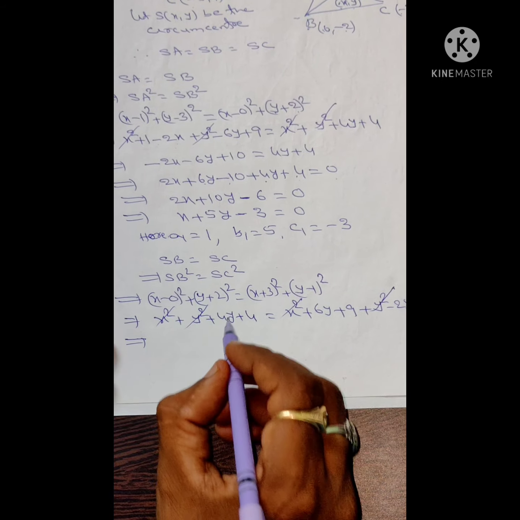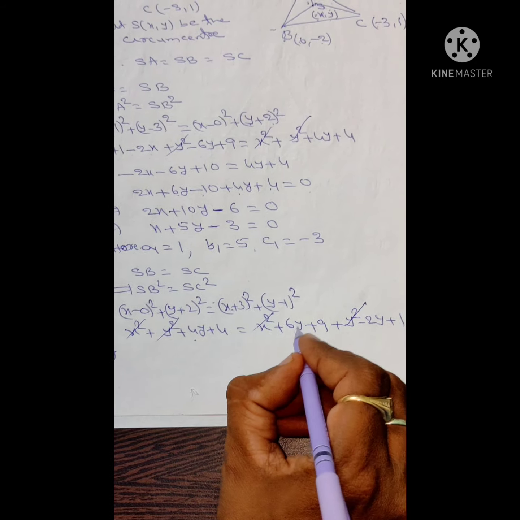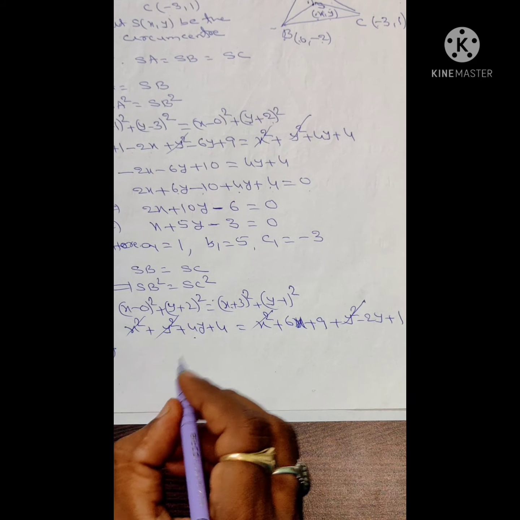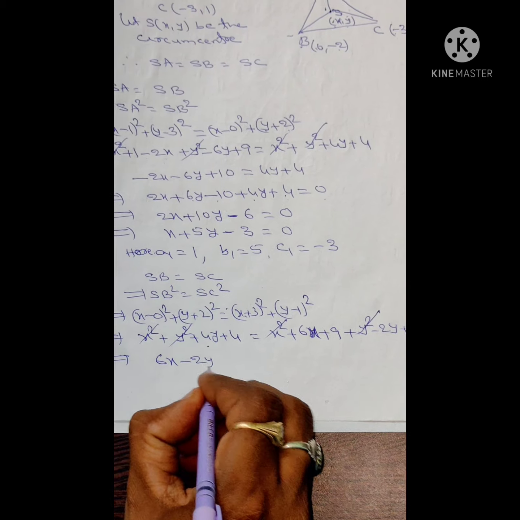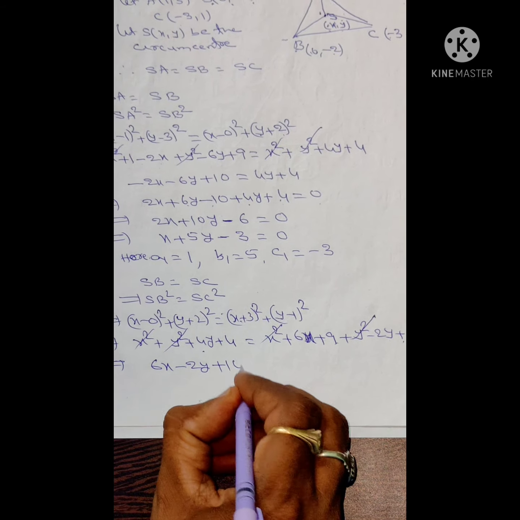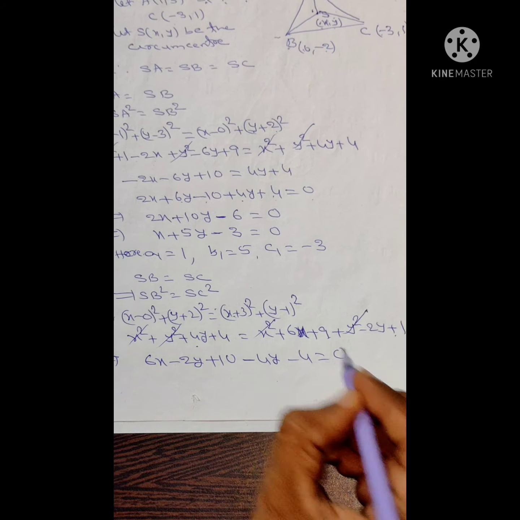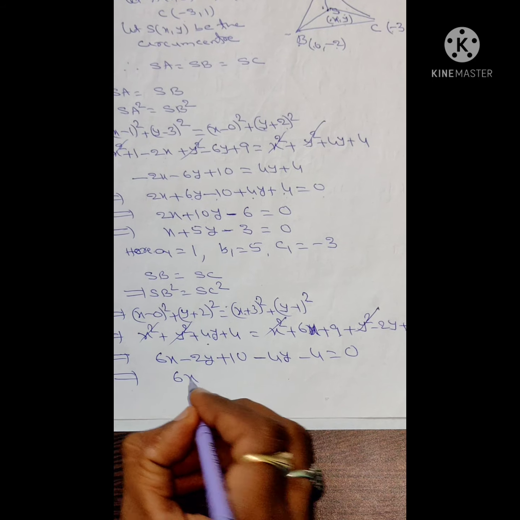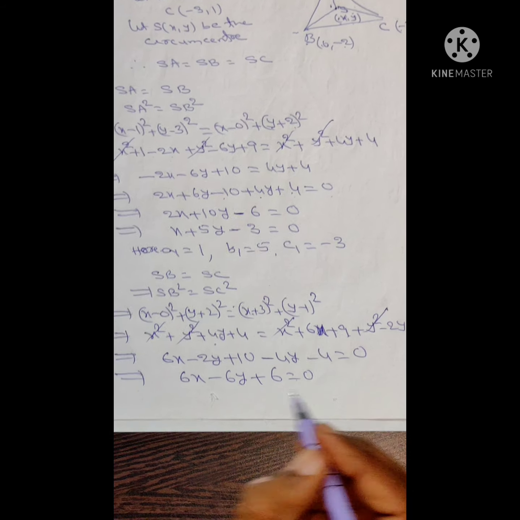Now here is 4y, here is 6x. So that is 6x minus 2y plus 10, minus 4y minus 4. This is 6x minus 6y plus 6 equals 0.